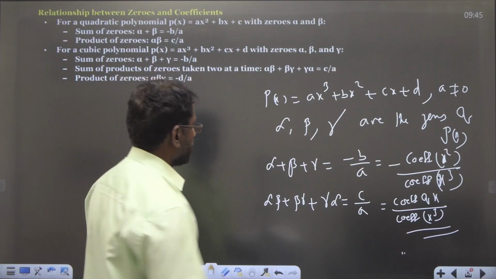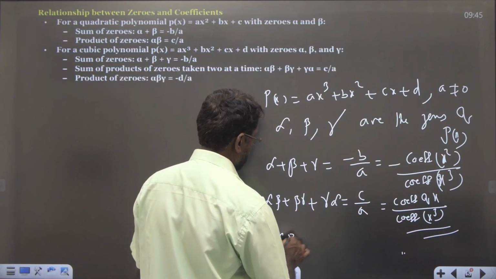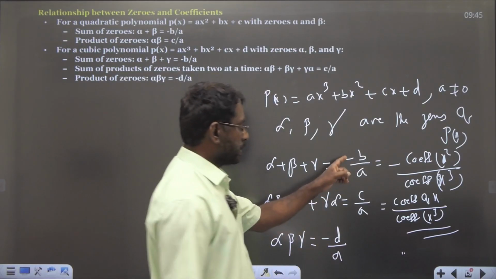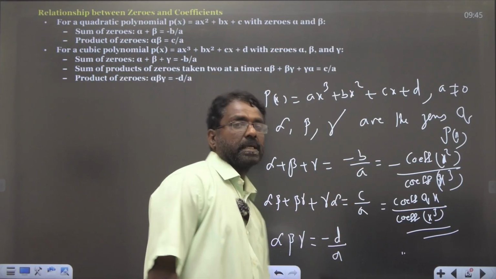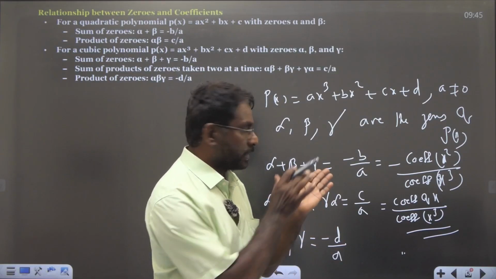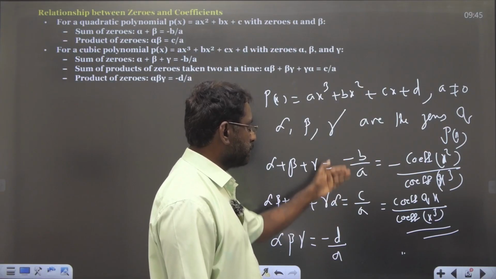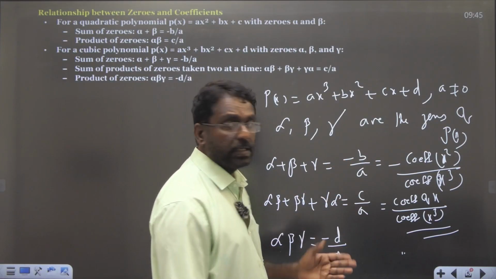One more formula: product of the roots alpha beta gamma is minus D by A. First is negative, then positive, then negative. You always remember this order of the sign.